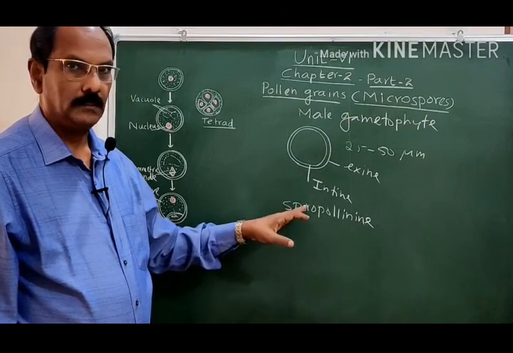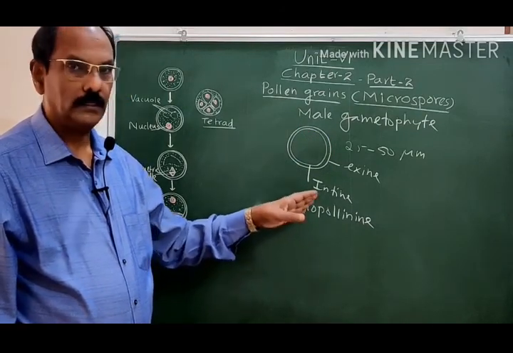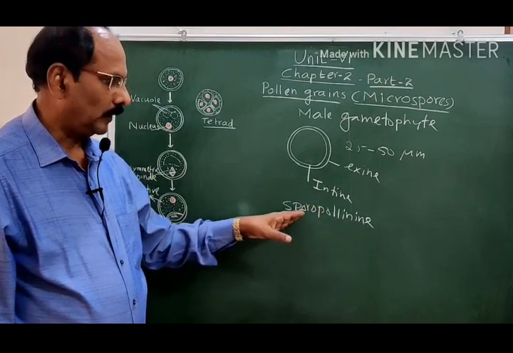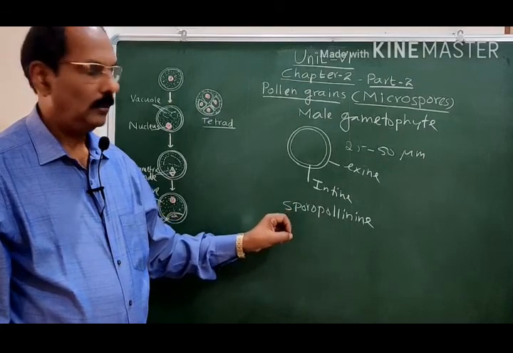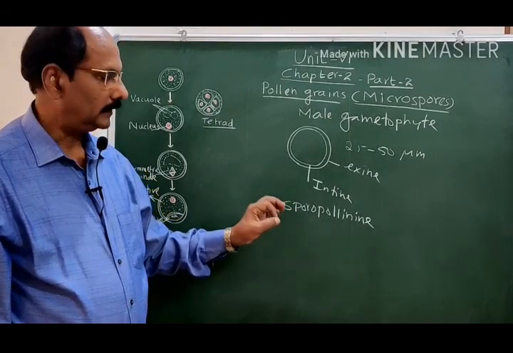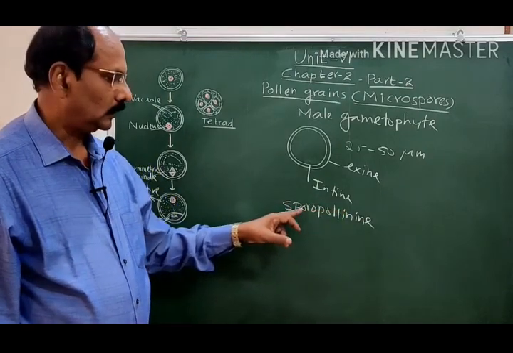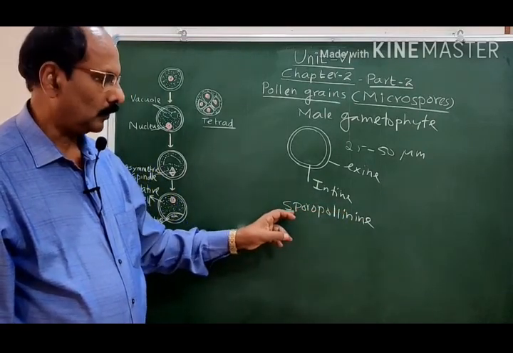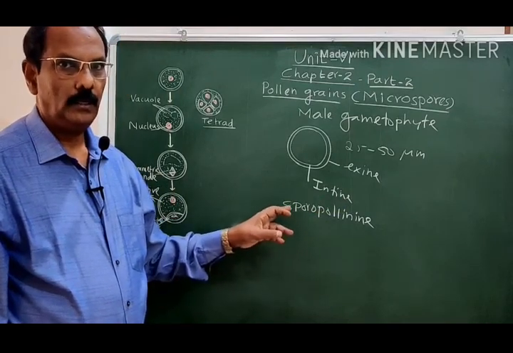It is resistant to high temperature and also to highly concentrated acid and highly concentrated alkali. The sporopollenin is also resistant to every known enzyme. There is no enzyme known till now that can digest the sporopollenin. So it is a very strong material, the strongest material that we know until today.